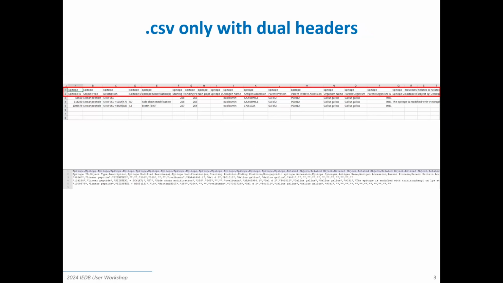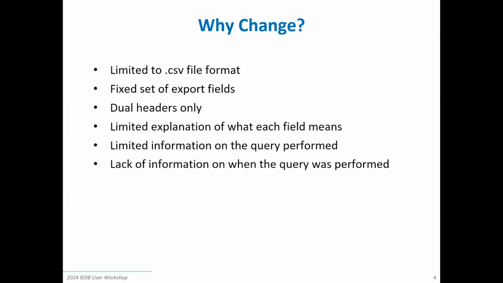But again, it was only limited to CSV files and only with these dual headers, which caused some issues for some people if you're going to use them more programmatically or use them in things beyond Excel or some other visualization software. So this is why we decided to change this, because we were limited again to the comma separated ones.